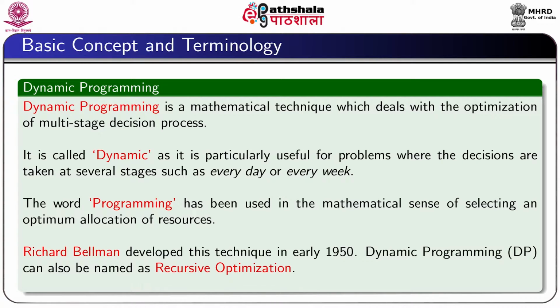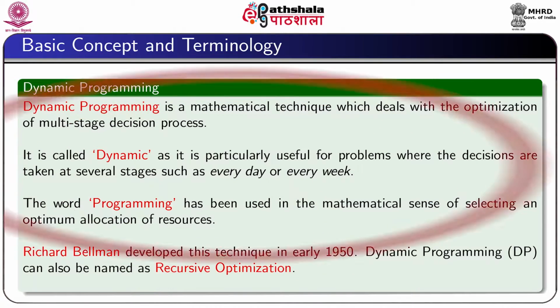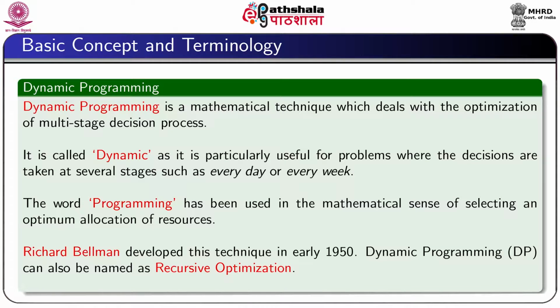It is called dynamic because it is particularly useful for problems where decisions are taken at several stages, such as every day or every week. The word programming has been used in the mathematical sense of selecting an optimum allocation of resources.